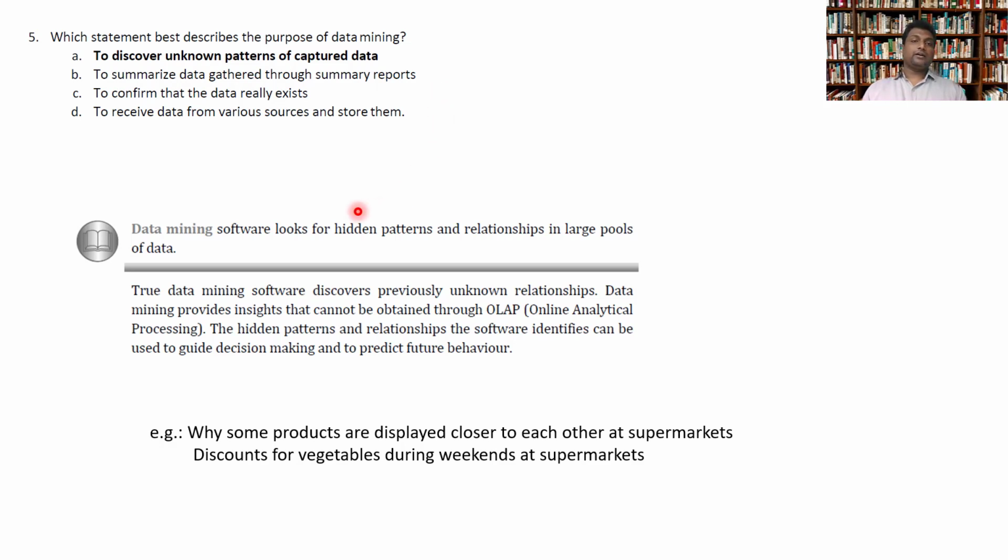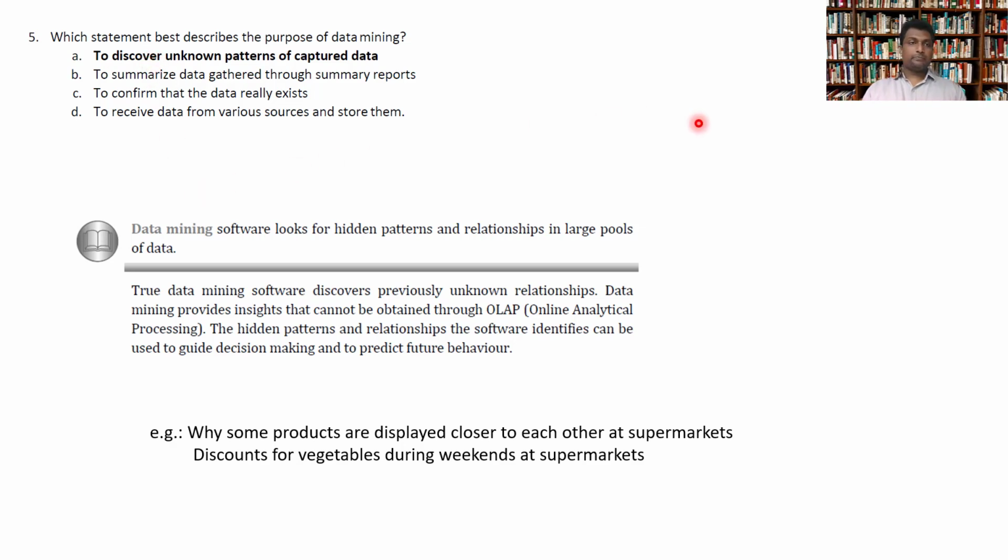No, this is not to confirm whether the data is there or not, and this is not a software to store the data. Data is already stored. If you want to take summary reports, there are other tools to take it, and to verify whether the data exists, there are other tools to do it. So the data mining tool identifies links and patterns and relationships in the already captured data.